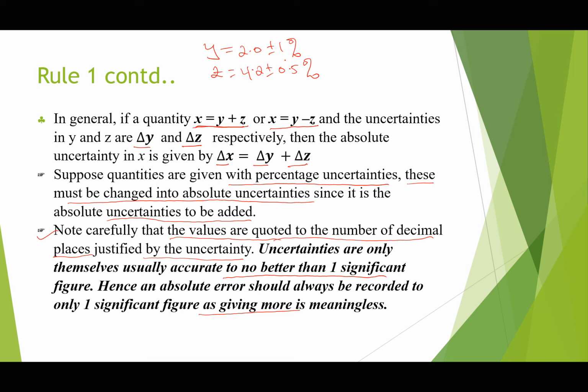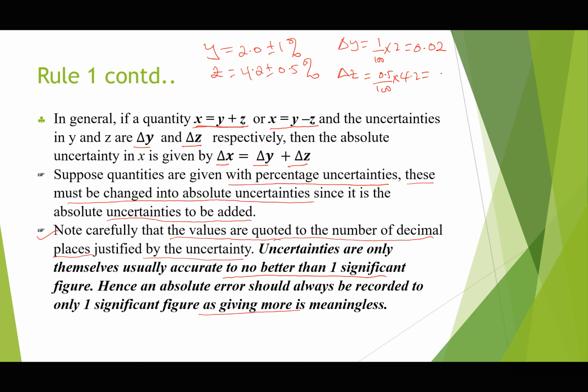So that means I'll find the absolute uncertainty in y to be 1 over 100 times 2, which gives me 0.02. That is absolute. And I will get the absolute uncertainty in z, which will be 0.5 divided by 100 times the true value, which is 4.2.